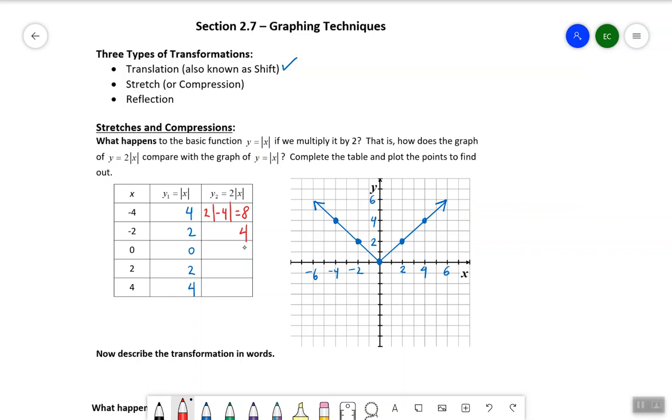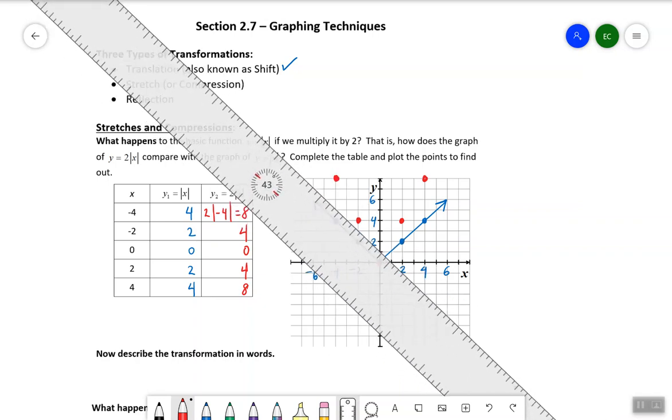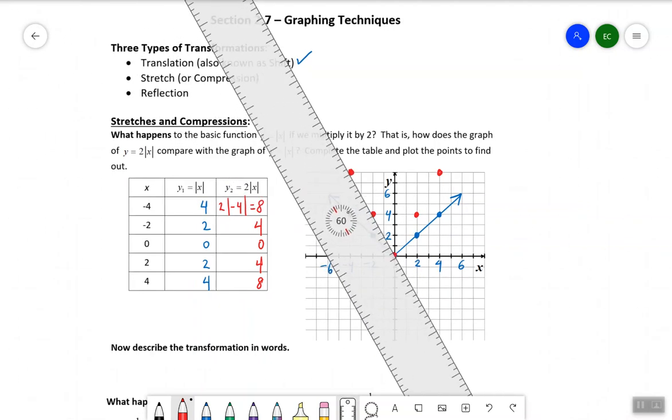The rest of the y values would be 4, 0, 4, and 8. And then you can plot those points. And we can use a ruler to draw the new graph.